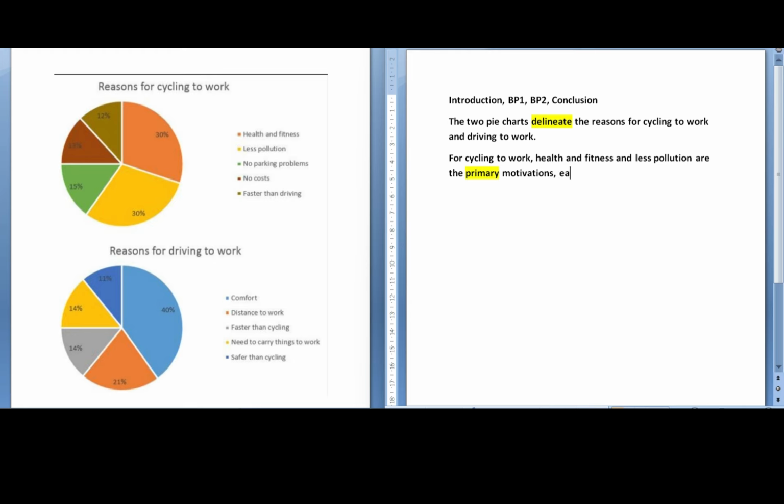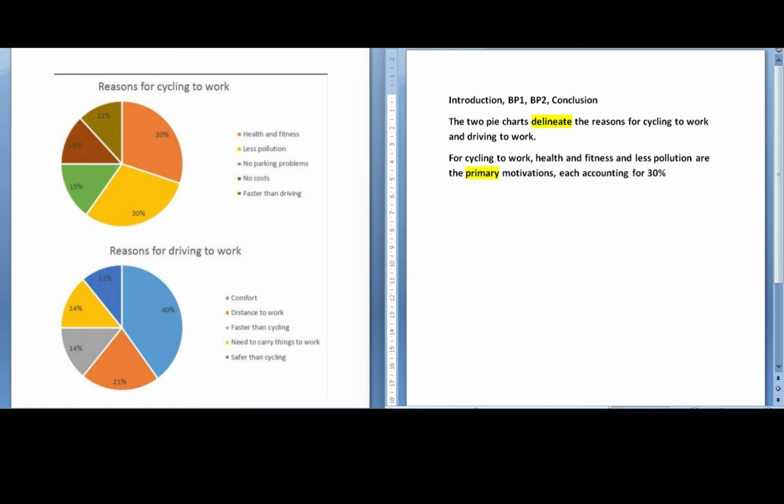Each, you have to put a comma here. Each accounting for 30%. If there are two terms used in the pie graph or any kind of graph, you can use it like this, accounting for 30% or whatever the percentage is, each, right?